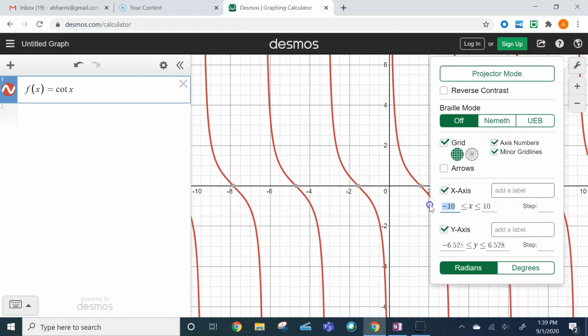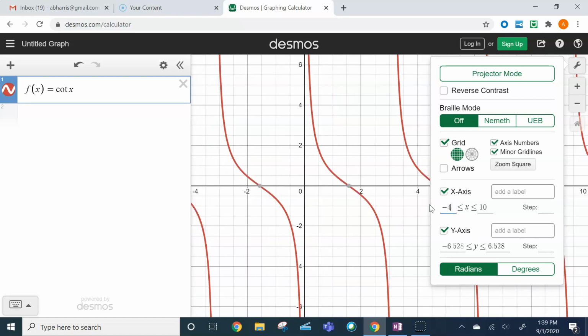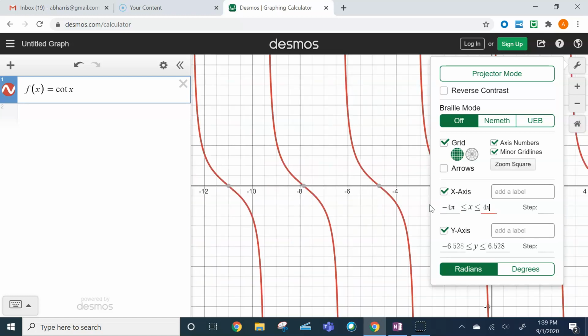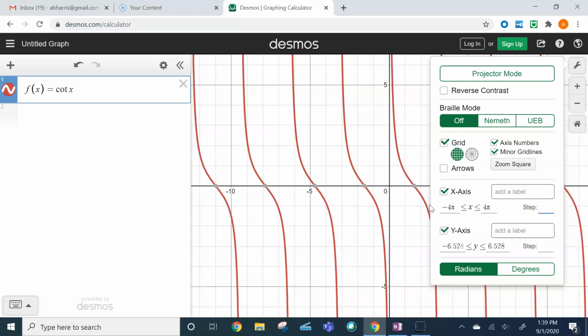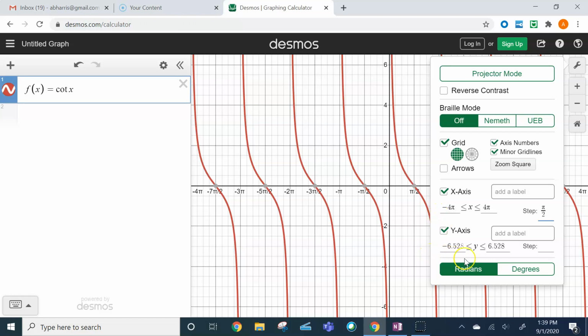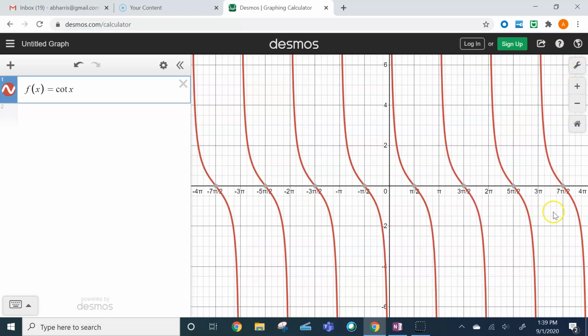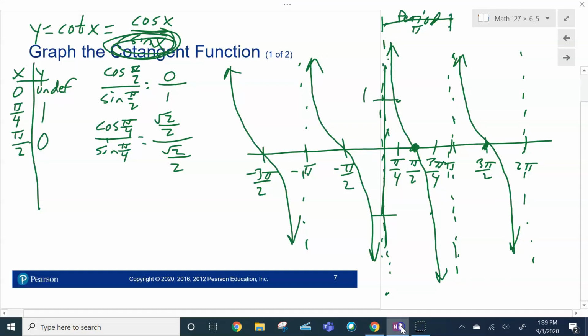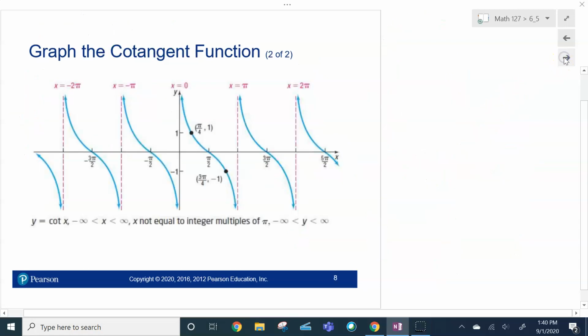Let me change these. You can kind of see that there. Okay, a nicer little graph than what I had going. There's another look at it.